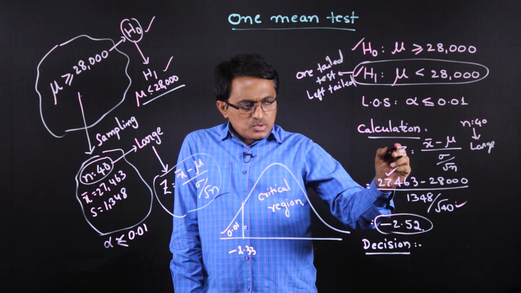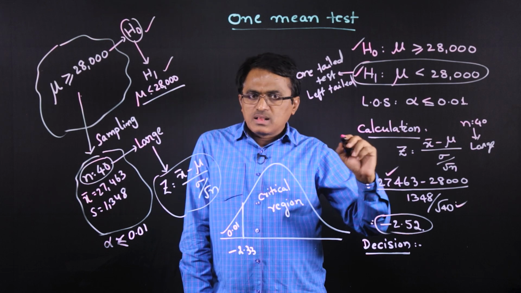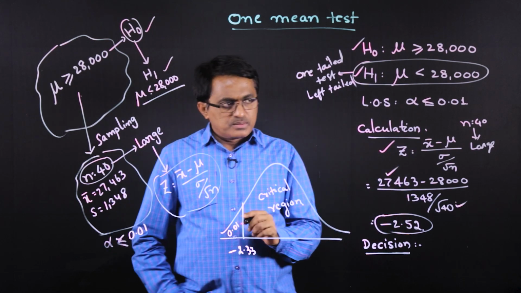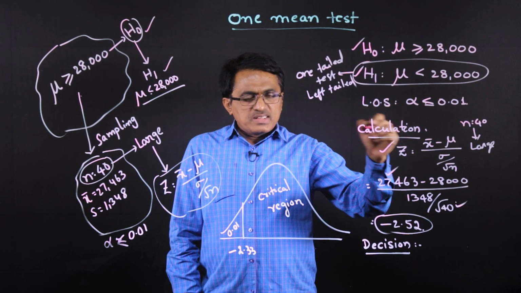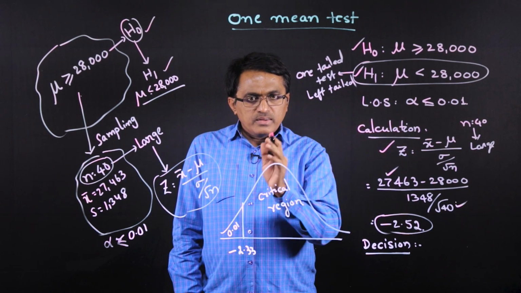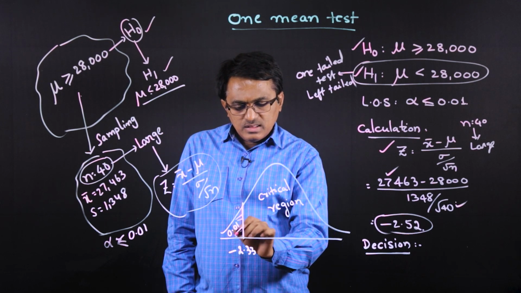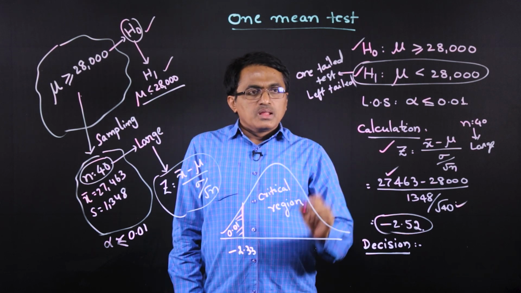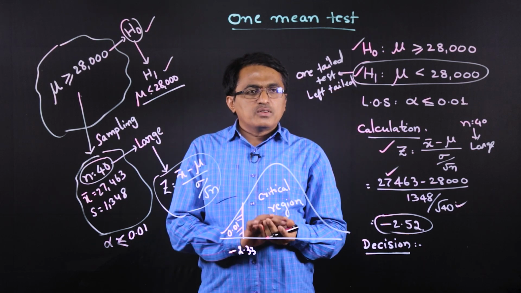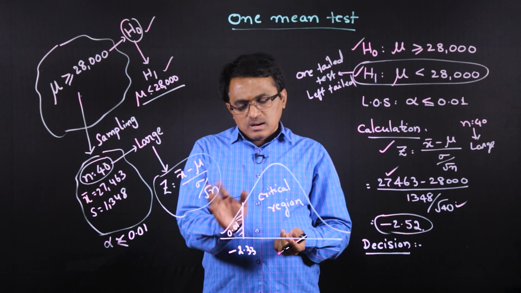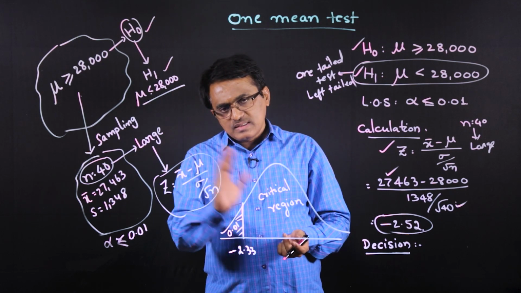Because the sample is large, we are using the Z distribution. The level of significance, that is the probability of having type 1 error, is alpha equal to 0.01. Because it is a one tail test, and particularly a left tail test, the complete alpha equal to 0.01 is on the left side.